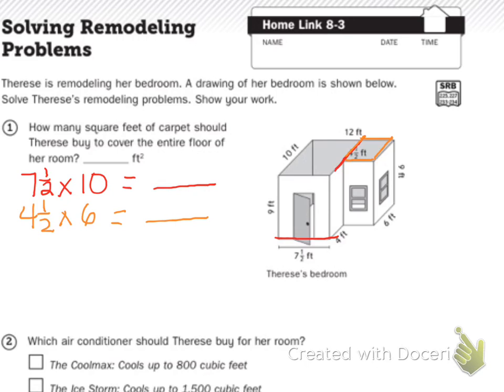Then you need to take the 7.5 times 10 number and add it to your 4.5 times 6 to get your answer. Equals your total feet squared. And that is how much carpet she should have.